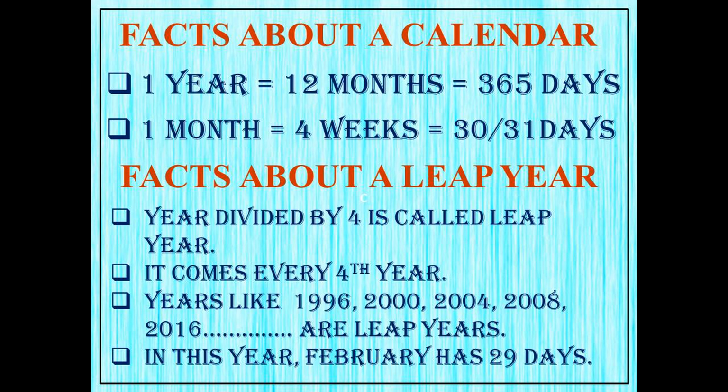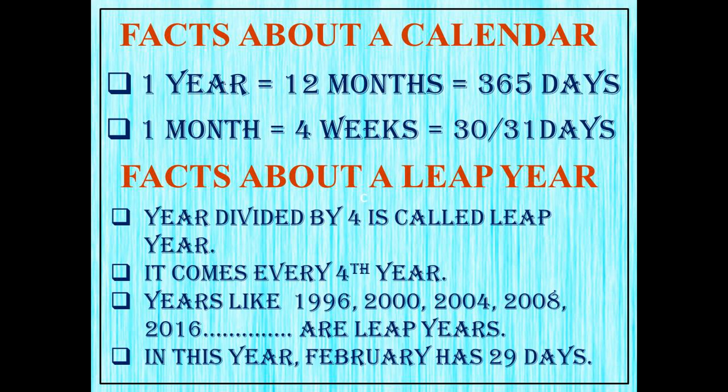Now examples for this leap year, like you can see here: 1996, 2000, 2004, 2008, 2016. They are all leap years, and if you want to check, you can divide them by 4, and if the remainder is 0, then they are leap years.